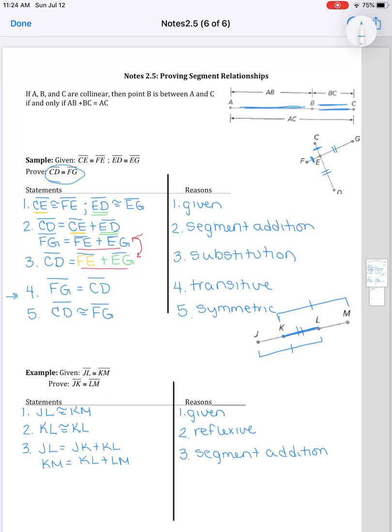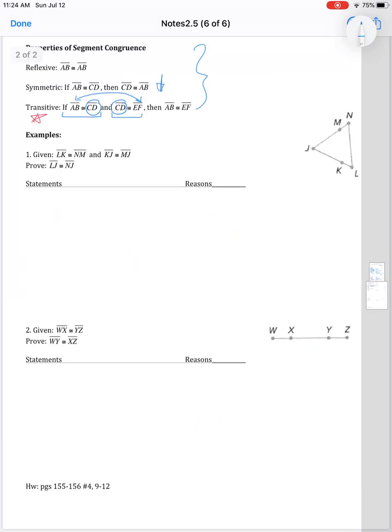So next, if you look at statement number 1 and statement number 3, JL is congruent to KM. In statement 3, we said that JL equals JK plus KL. Because you have those two statements that are equal to the same thing, JL, that's the connection.